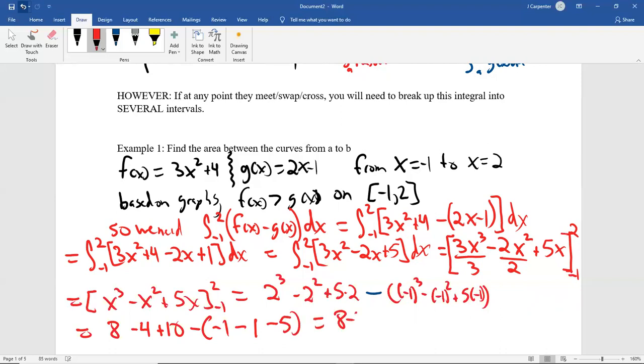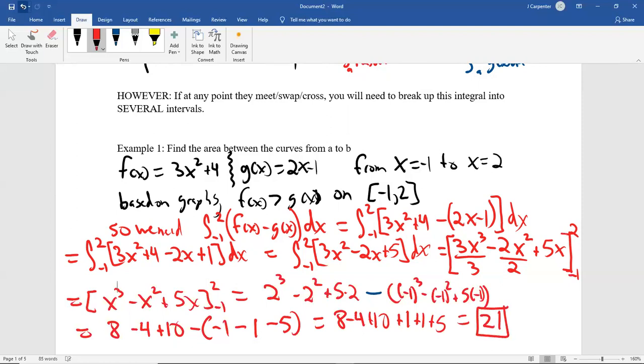Distribute, you get 8 minus 4 plus 10, plus 1 plus 1 plus 5. 8 minus 4 is 6, plus 10 is 16, 17, 18, 23. I feel like I did something wrong. 8 minus 4 is 4. I think I said 6. 8 minus 4 is 4. 4 plus 10 is 14, 15, 16, 21.